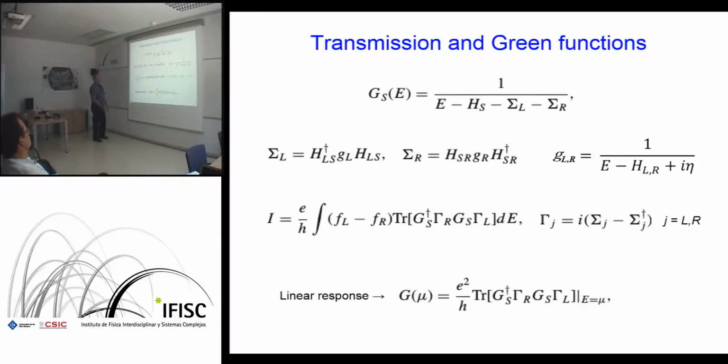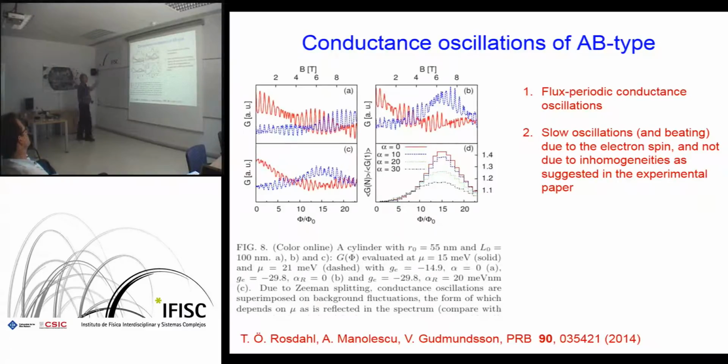It's basically Green functions, and we calculate the transfer matrix and then the conductivity. And indeed, we obtain the Aharonov-Bohm or flux periodic oscillations with some modulation.